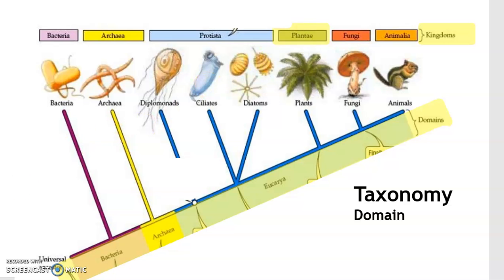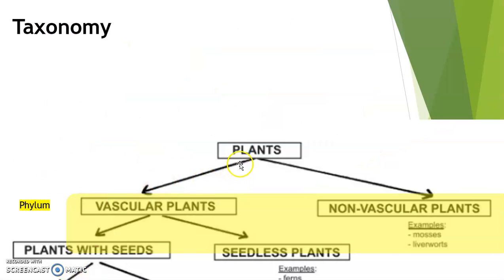And in fact, if we go down a little bit farther, we can go down from our kingdom of plants to our phylum, and there are two phyla under plants at least, and one of them is non-vascular plants and vascular plants. Vascular plants have a system for moving water and nutrients around, much like animals do, and in fact we're derived obviously from plants.